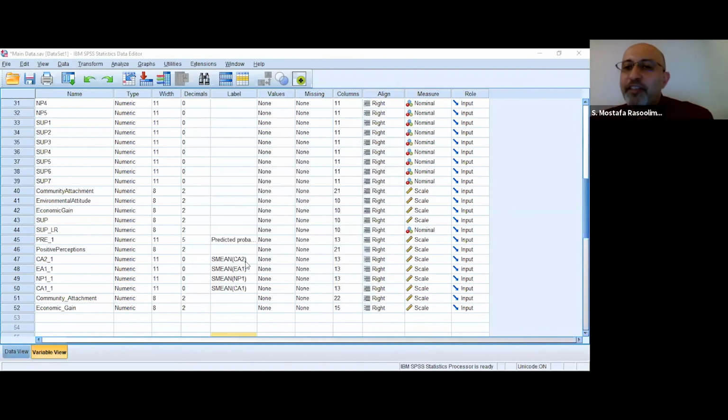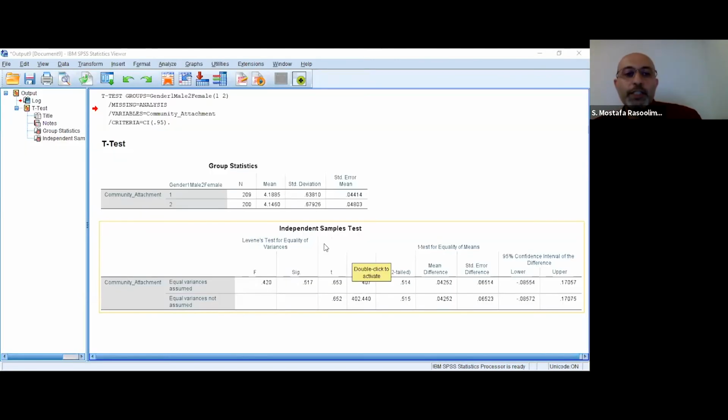The table here is a bit different from the previous tables. So this is the result, right? Like the previous test, the first part is some descriptive statistics for each group, group 1 and group 2. The number of respondents is 209 for male and 200 for female.